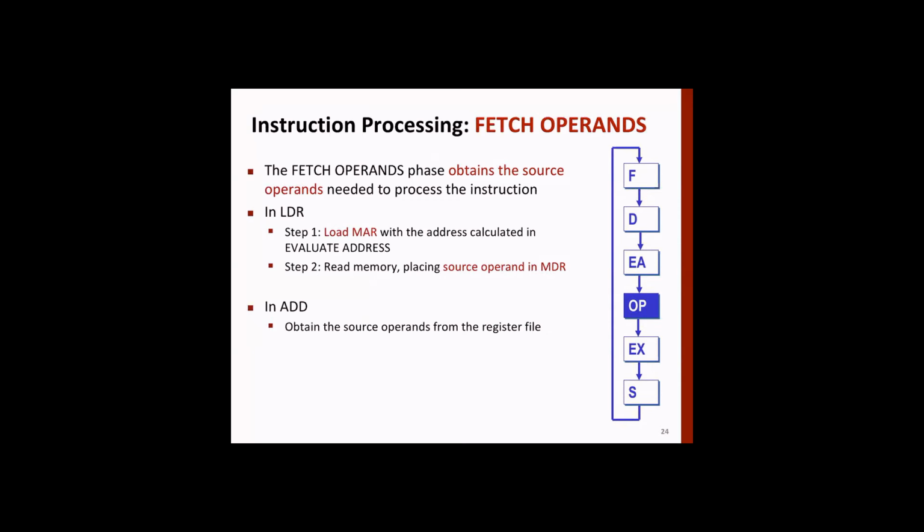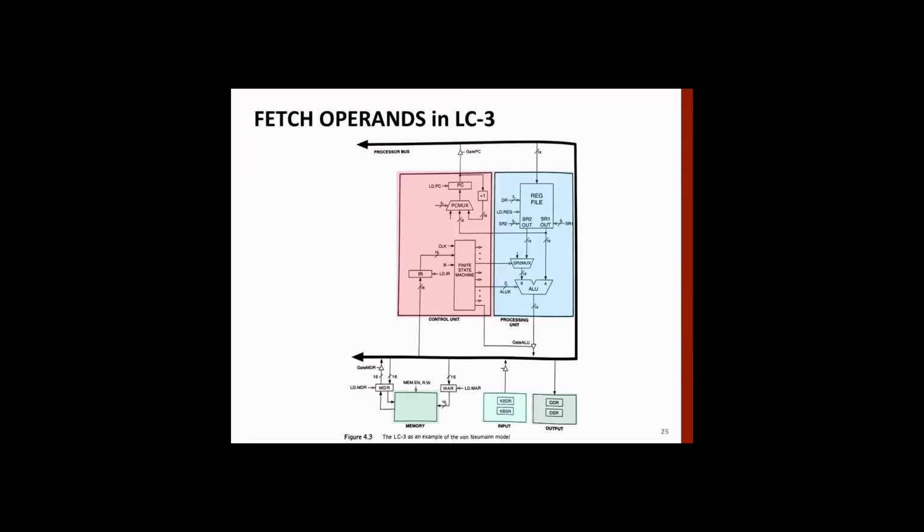Okay. So in order to get the operand, we'll have to load the memory address register with the address calculated in the evaluate address step, and from there do the read from memory. So now, whatever we have calculated here as the summation of the output of this and the instruction on this one, this step is not shown here.